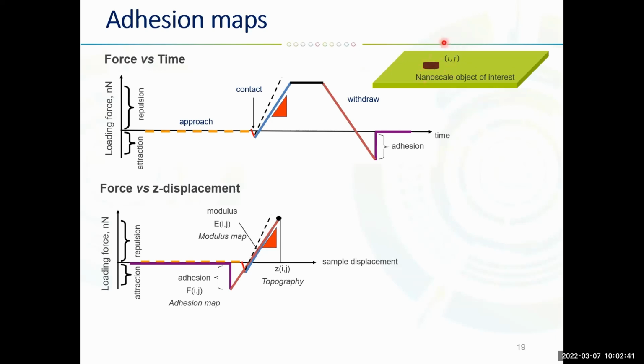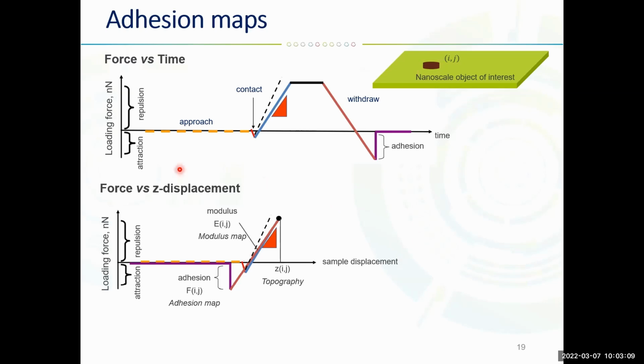You might position the tip above that object and execute a force versus displacement curve, and then interpret it in terms of structural properties of the nanoscale object of interest. This is what a lot of people use AFM for.